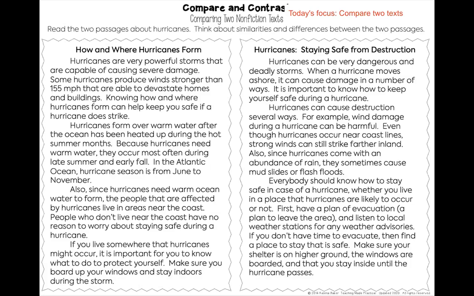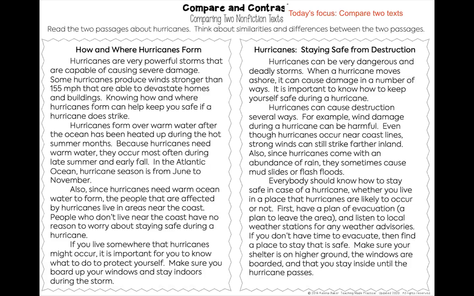Hurricanes form over warm water after the ocean has been heated up during hot summer months. Because hurricanes need warm water, they occur most often during the late summer and early fall. In the Atlantic Ocean, hurricane season is from June to November. So if I was trying to pull out my main idea from just that little paragraph, I would say hurricanes form when it's warm, right?